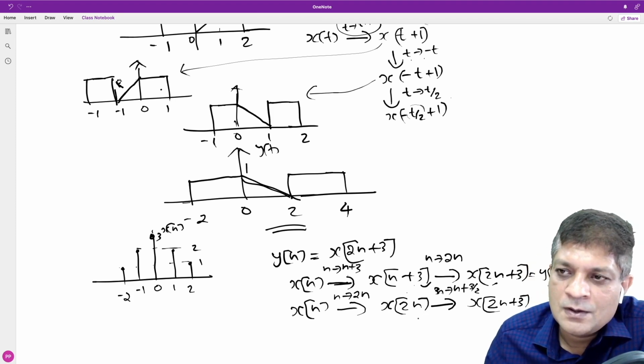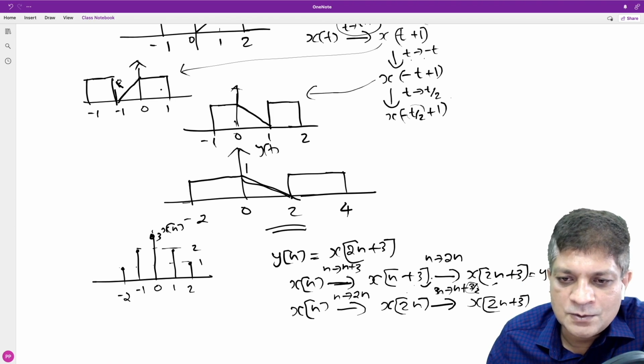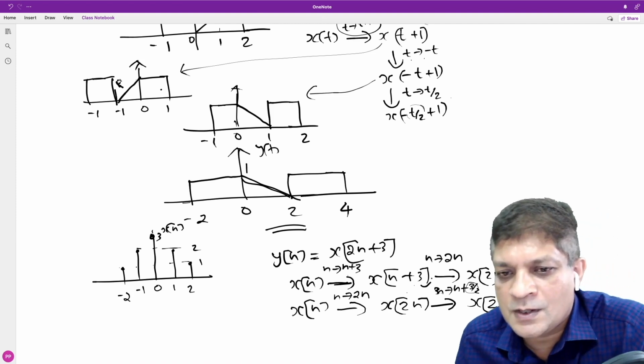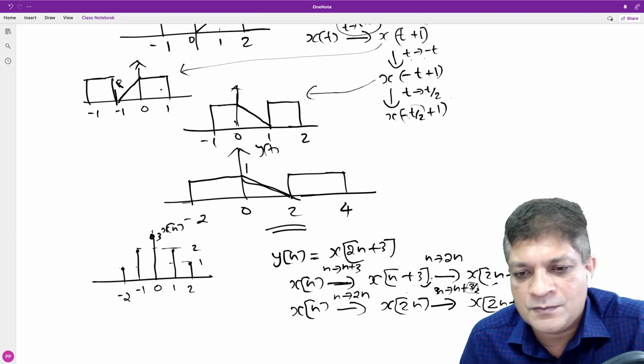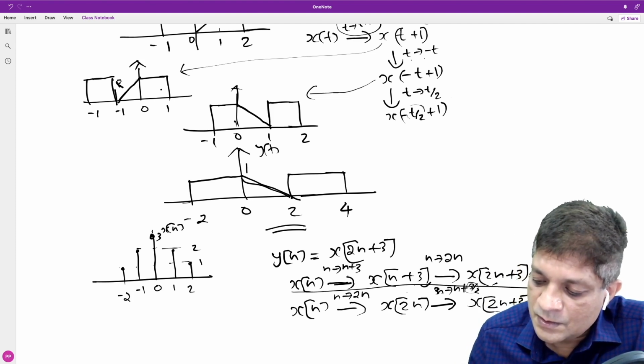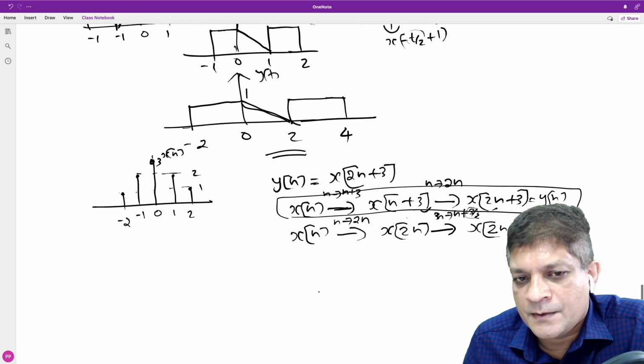Shifts must be integer shifts. So this operation is not possible. Whatever shift we use should be an integer shift. So we should do it in this order: first shifting and then scaling.